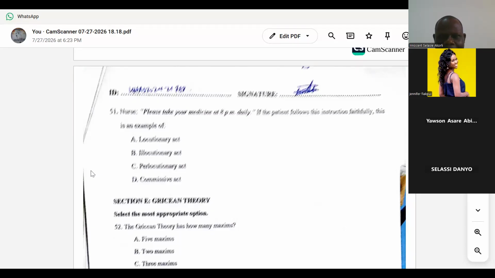It's controversial. But how do you think it should be the answer? The patient has performed the act based on an instruction. So I'm thinking in between B and C. It's controversial.